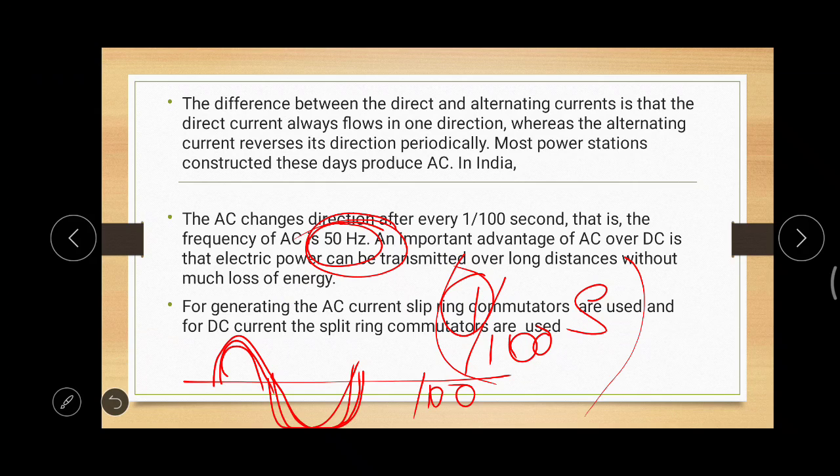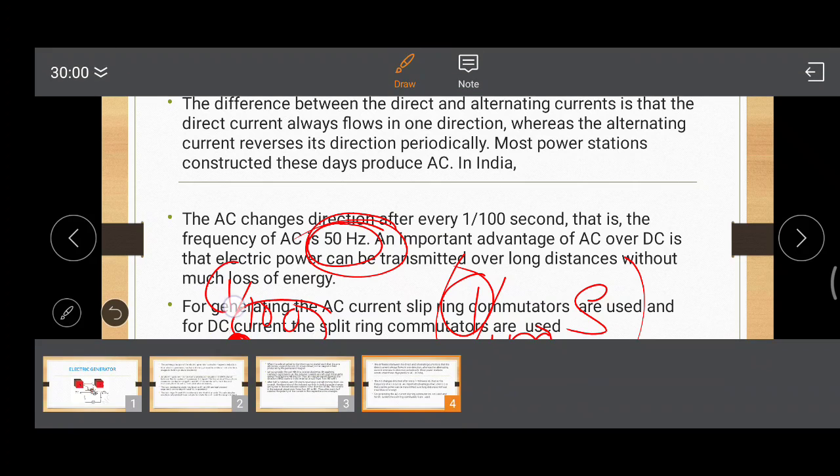One portion of that wave has 1 by 100 second duration, and after that it will change again, and the next one will also be 1 by 100. It means there are 100 polarity parts, and it requires only 1 second.